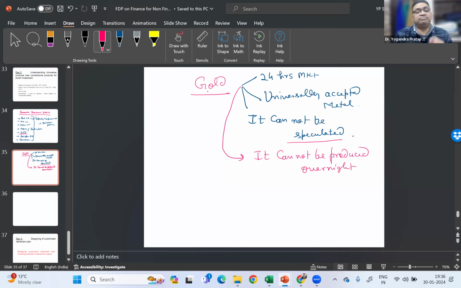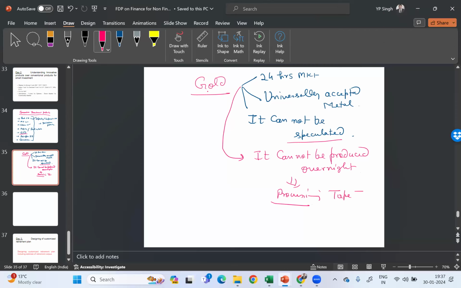Means there is a scientific process, and it will take time. If you want to produce as much gold as possible, this is not factory material.